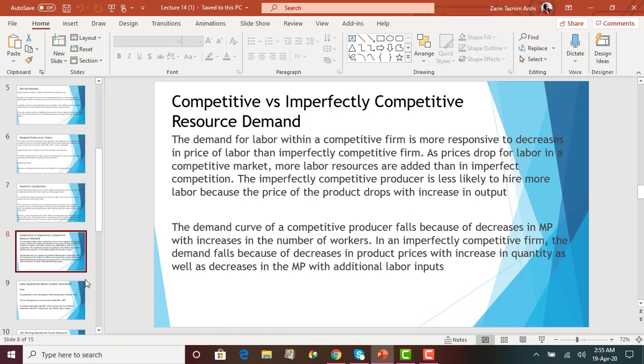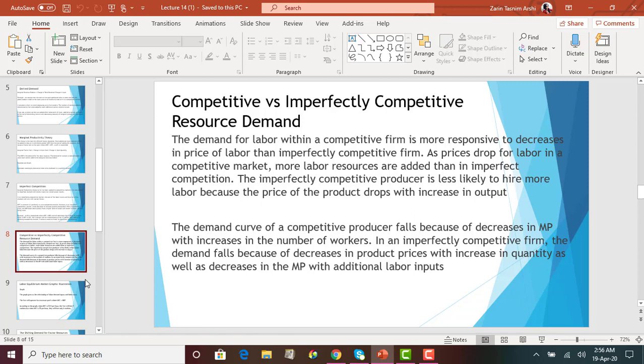So if the cost of labor goes down, the demand for labor will go up more in a competitive market than in an imperfect competition. This is because as price drops for labor in a competitive market, more labor resources are added than in imperfect competition. The imperfect competitive producer is less likely to hire more labor because the price of the product drops with increase in output, right?